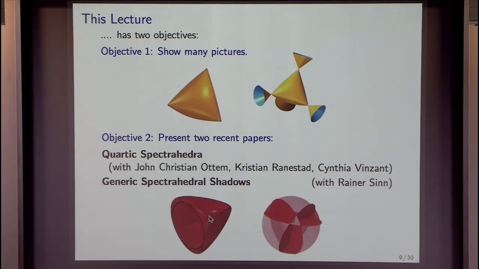Okay, so the talk begins now. In this talk, which will last 45 minutes, I'd like to do 2 things. Objective 1 is to show many pictures. So I'm an algebraist. Algebraists, by definition, are the people who show pictures.